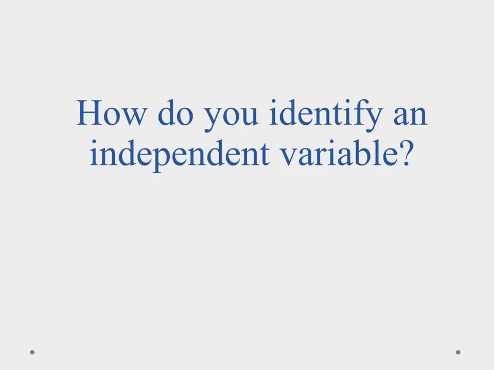So how do you identify an independent variable? Well, in the relationship between the two variables in a problem situation, the independent variable is the variable that stands alone, the one who is not affected by anything else that is changing in the problem.